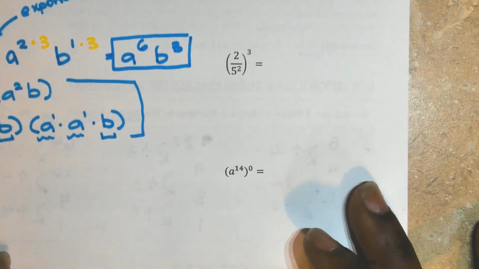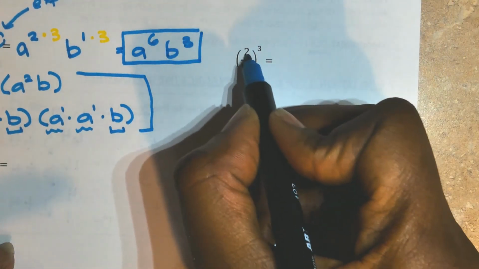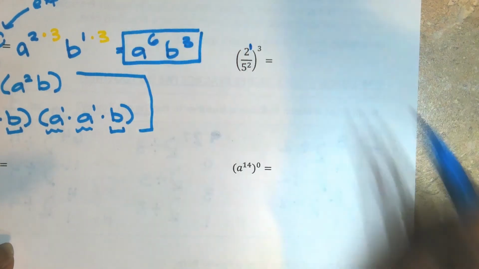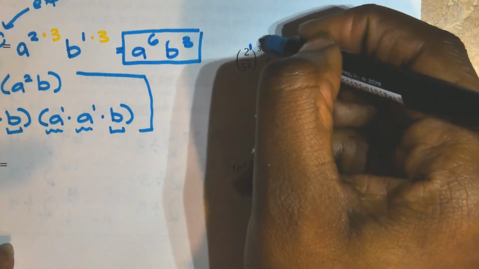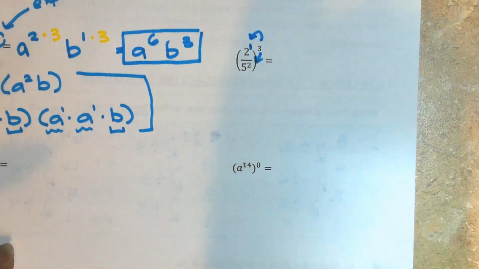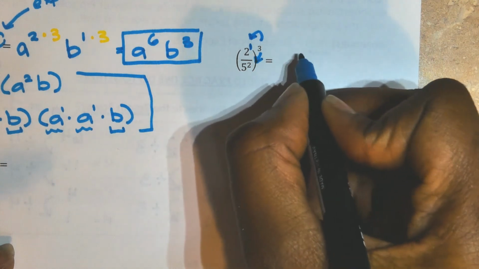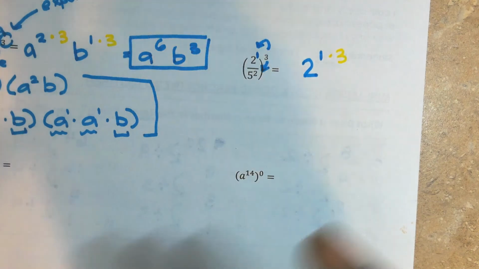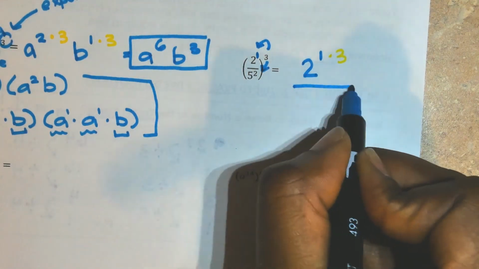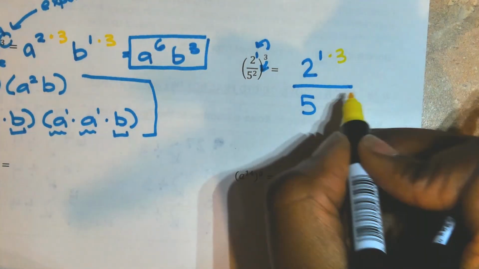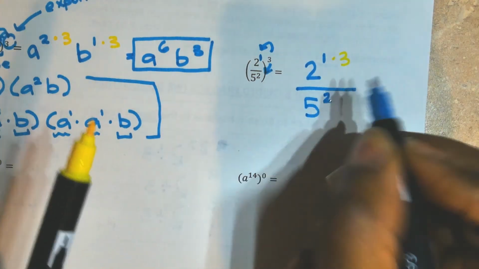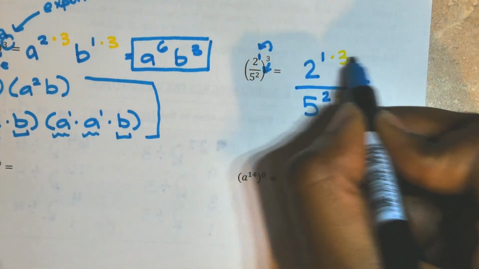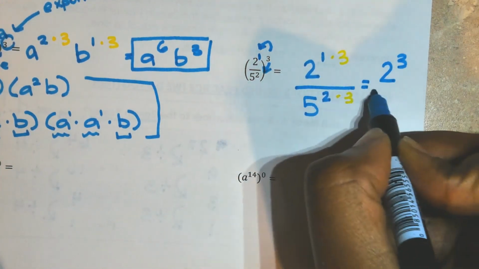Alright, next one. So I have 2 over 5 to the 2nd power, raised to the 3rd power. Let me add my exponent of 1 and distribute my outer exponent. So this becomes 2 to the 1 times 3 power over 5 to the 2 times 3 power, which is 1 times 3 is 3, 2 times 3 is 6.